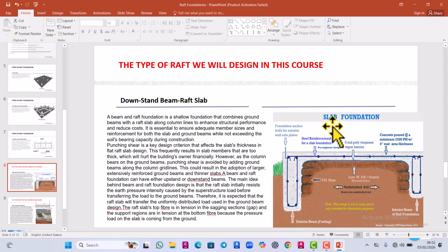As you can see from the diagram, this is a downstand beam. As I told you, in the upstand we have the slab first, then the beams.